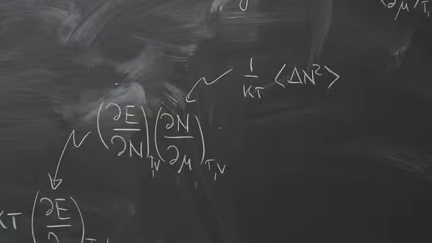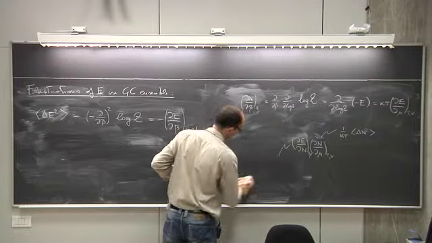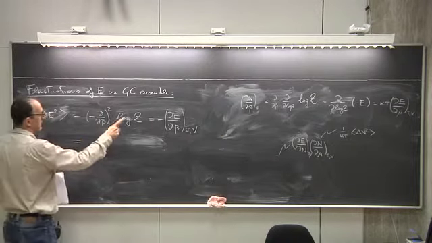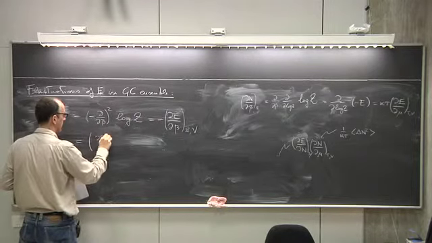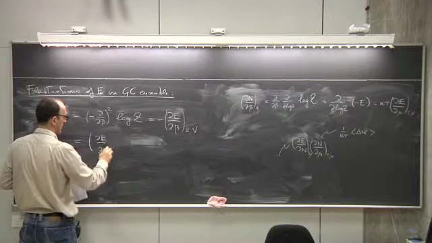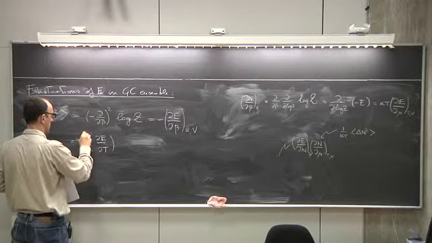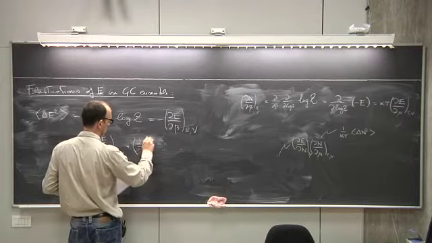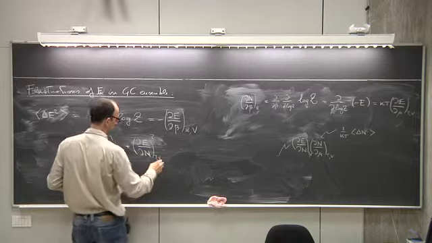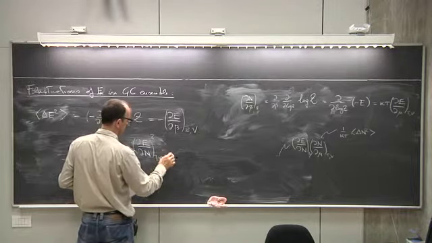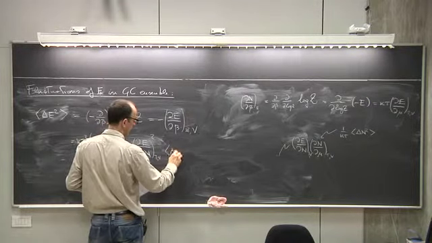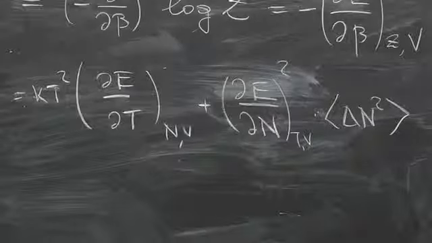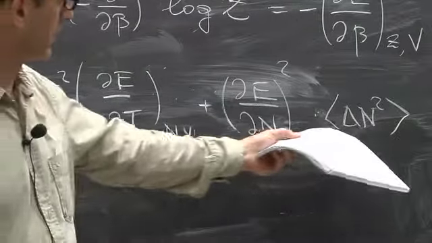Now, if I put all these things together, I will have the derivative of E with respect to T times kT squared at constant N and V, plus the derivative of E with respect to N squared at constant T and V times the fluctuation in the number of particles.